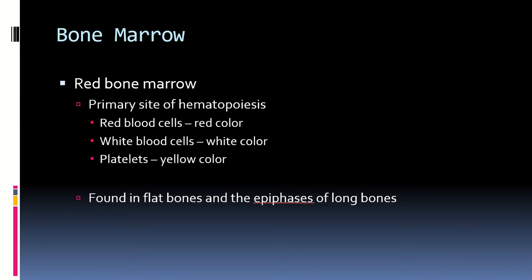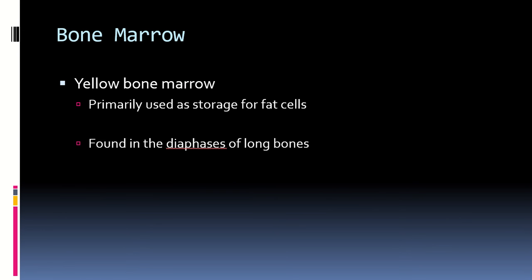Now, red bone marrow, this is found in flat bones and in the epiphyses of long bones. So at each tip of a long bone. As far as yellow bone marrow, this is primarily used as an area to store fat cells.